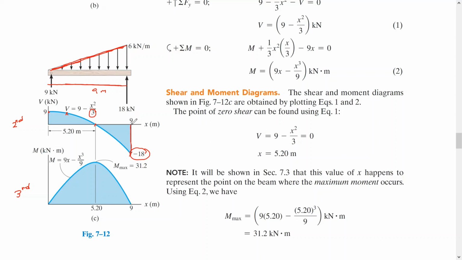Of course, why is it concave down? Because here the load is downward. If the load is downward, the function, the second degree function, must be concave down. If this were upward, it would be the opposite, concave up. I'm not sure how it's gonna be, but it's gonna be concave up.